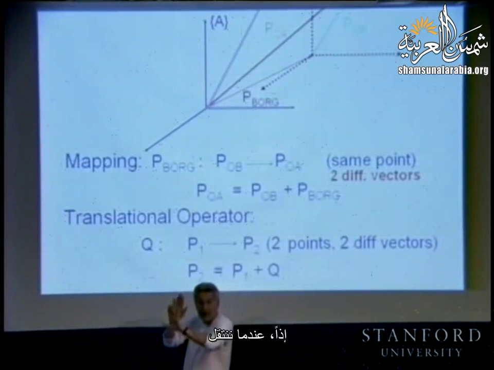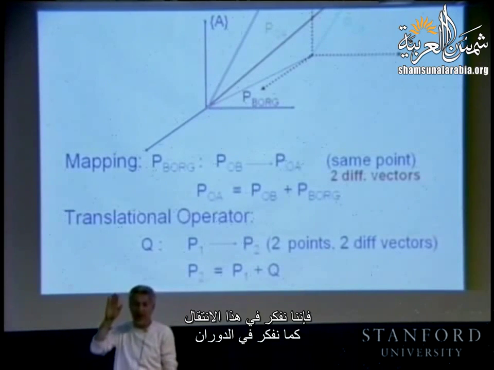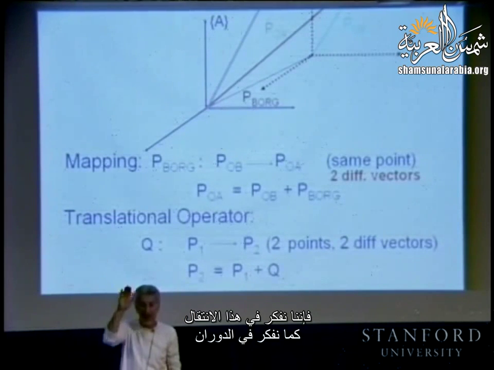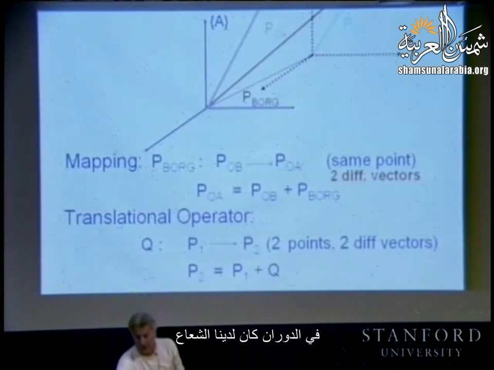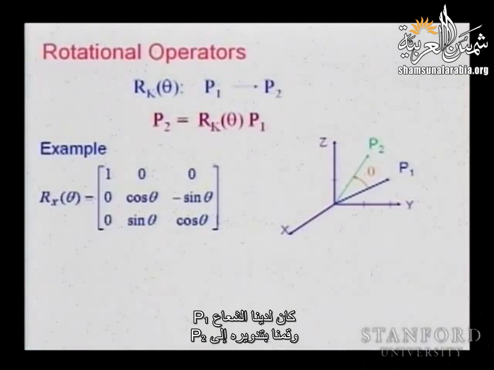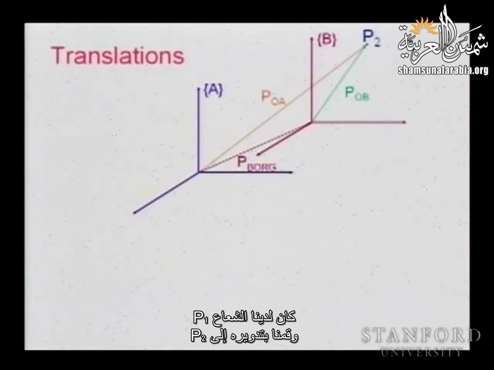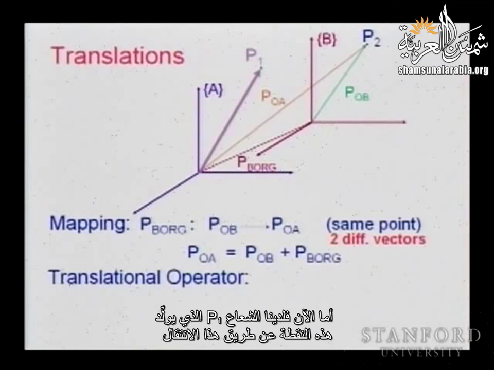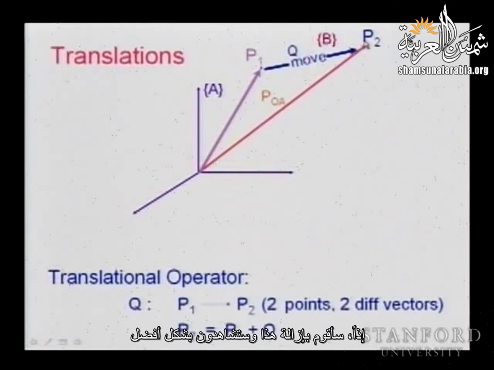So when you are translating, you are thinking about it like in the rotation. In the rotation, we had a vector P1 and we rotated it to P2. Now we have a vector P1, and this translation is essentially producing this point. So I have to remove this, so you can see it better.